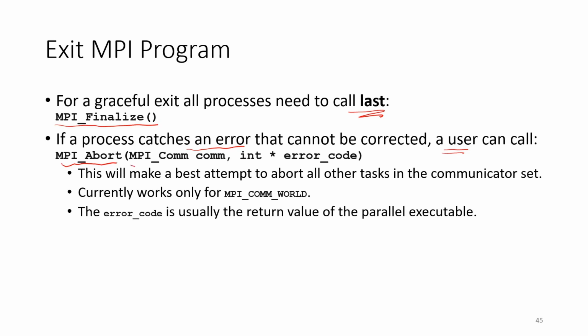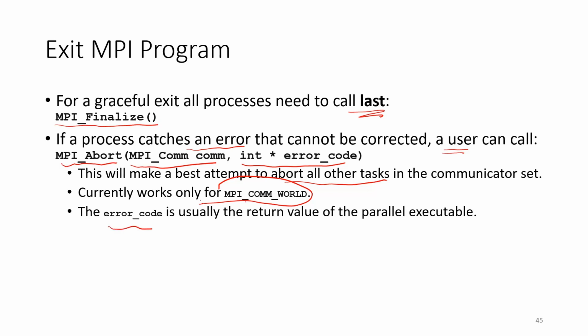You can specify the communicator that you want to abort, and then you can pass the error code. In this case, this will make a best attempt to abort all the other tasks in the communicator set. And it currently only works on MPI_COMM_WORLD, so you cannot abort a subset of processes from different communicators. It only works on all of them at once.